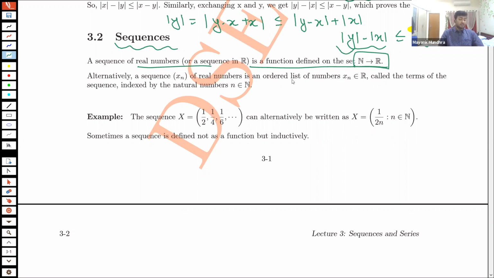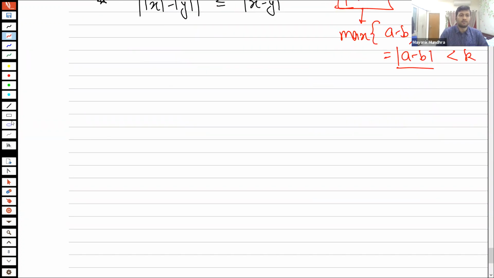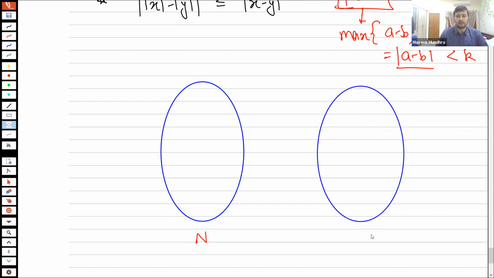Here we are defining it as a function, defined on the set N going to the set R. What this means is that you have this set of natural numbers N and another set of real numbers R.